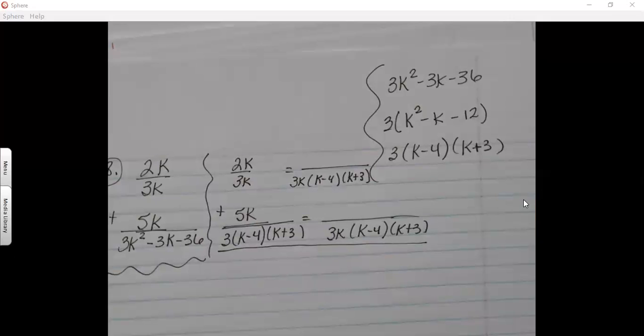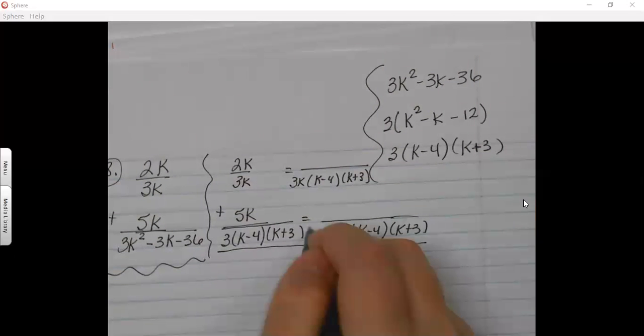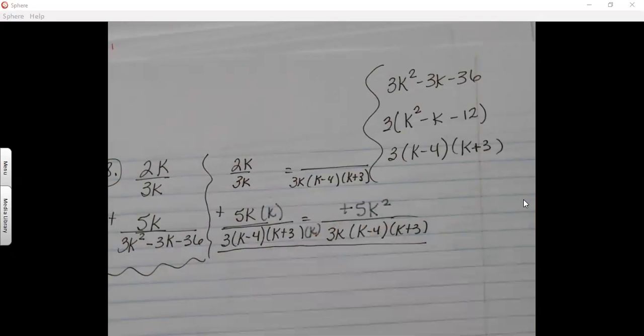So when I do, I'm adding 5k squared. Well, the top fraction, I've got the 3k already.